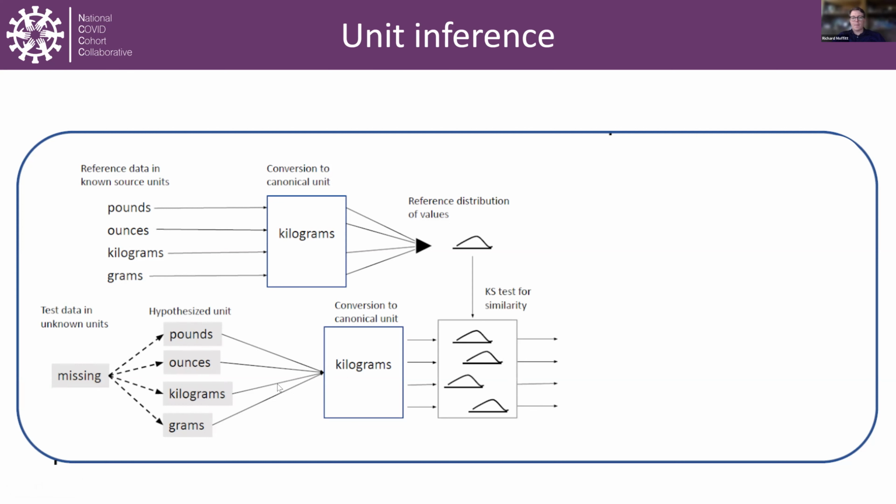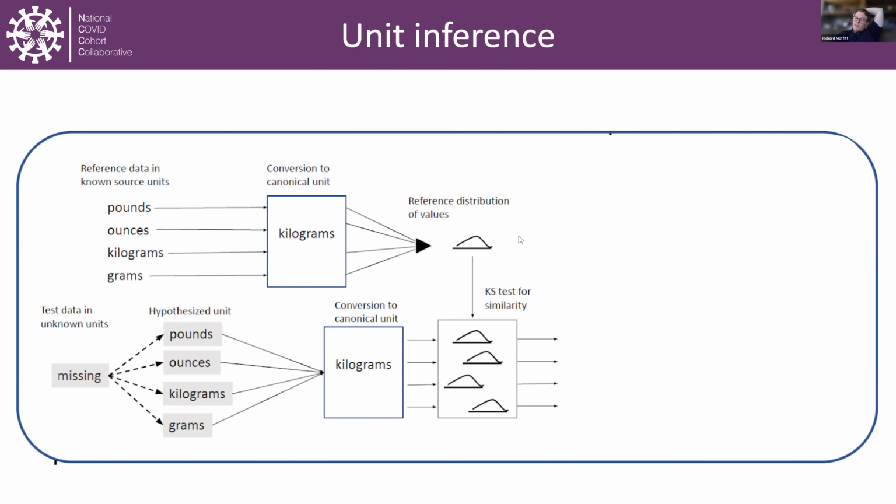And now we have distributions that we can compare to the ground truth. And hopefully you can see by the shifting left to right here in the cartoon that maybe only one of these distributions is going to line up. So in this toy example, we're implying that the missing unit is pounds, because if you convert pounds to kilograms, the curve for this one matches the global distribution.